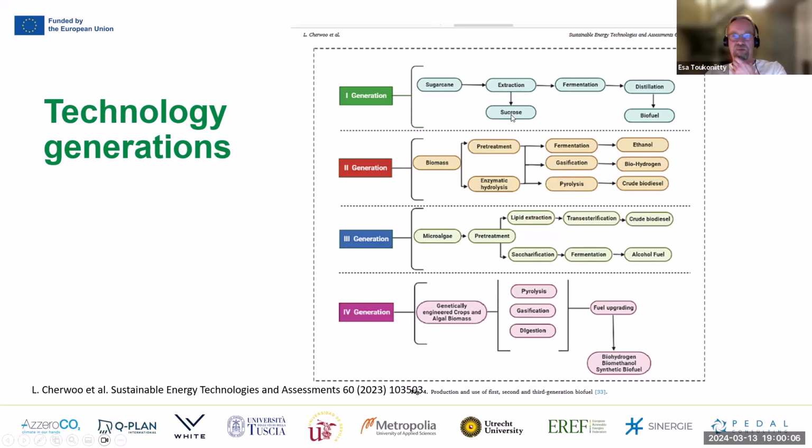So sugarcane extraction, making sucrose, here's fermentation, you will get diluted aqueous ethanol solutions. You need to distill it so that you can get water-free ethanol that can work as a biofuel.